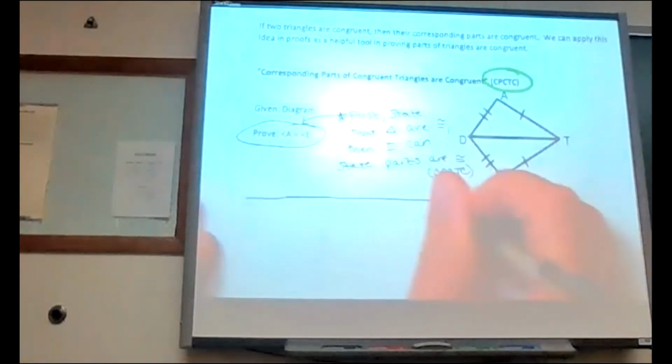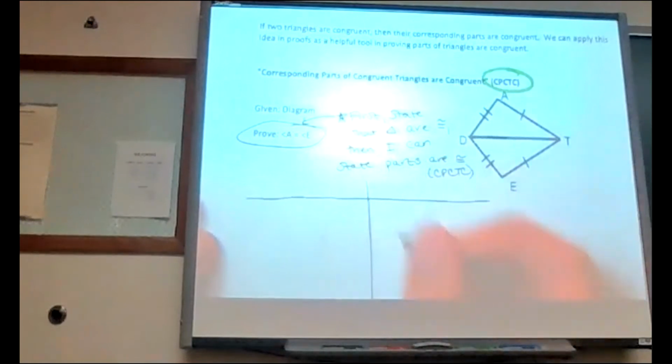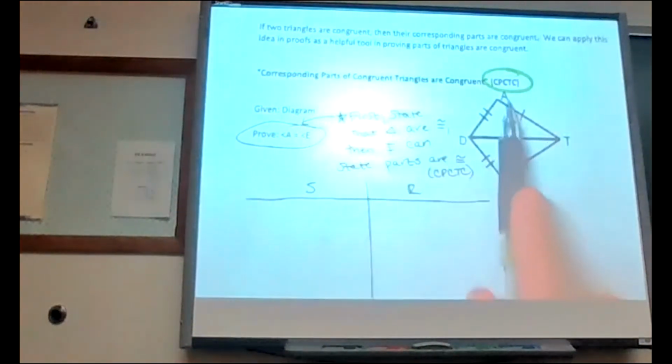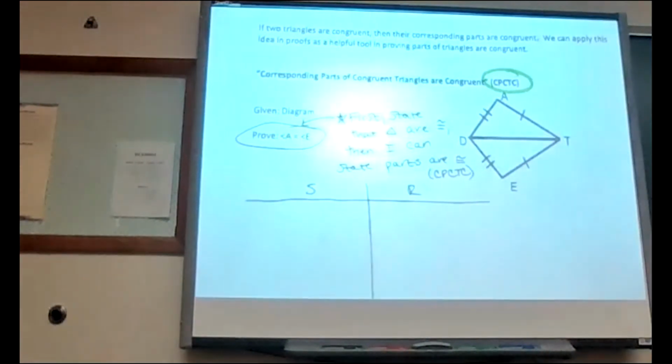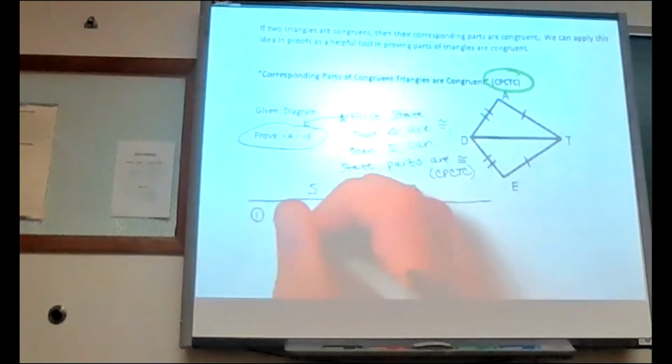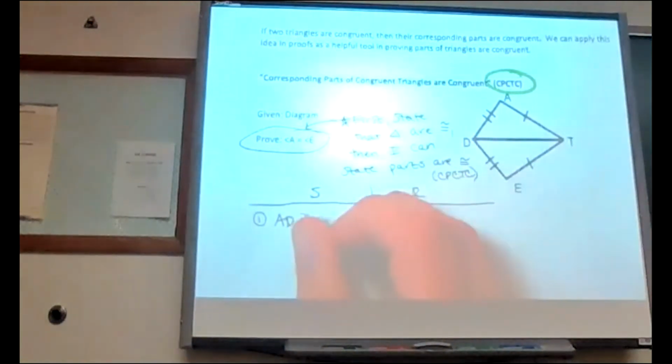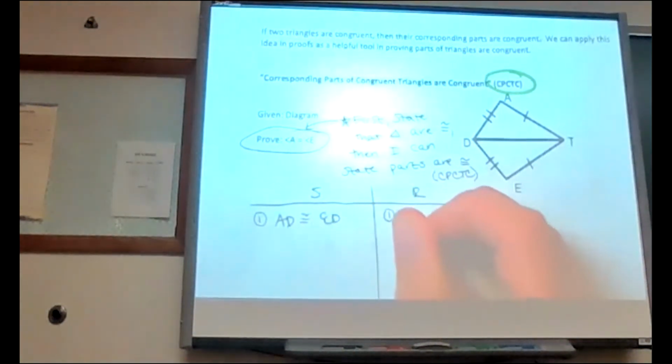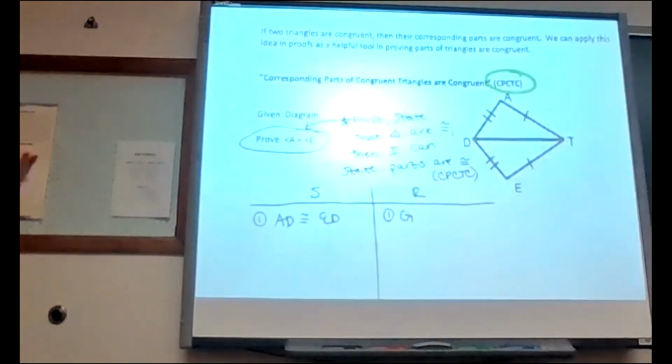Really these proofs feel very similar to what we just did. It says given the diagram, so the diagram had marked some things here. I can say that AD is congruent to ED. That's given to us in the diagram. What other part is given in the diagram?